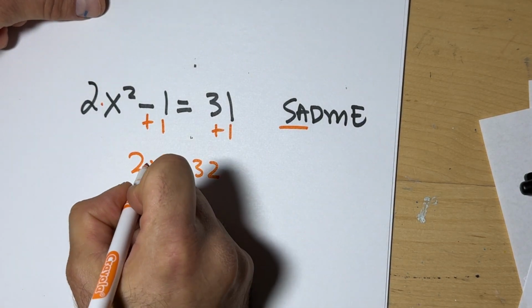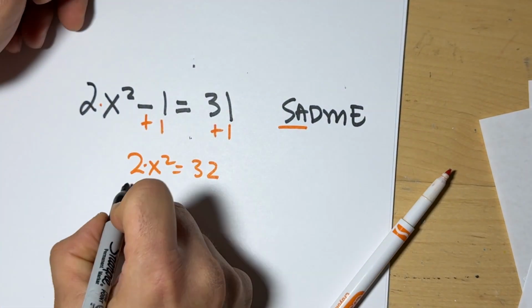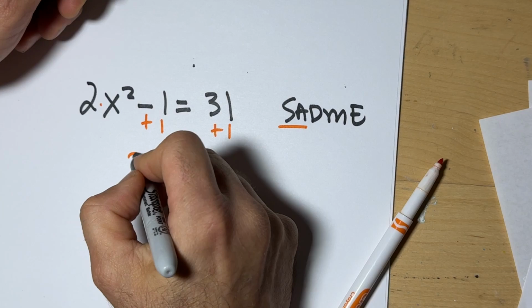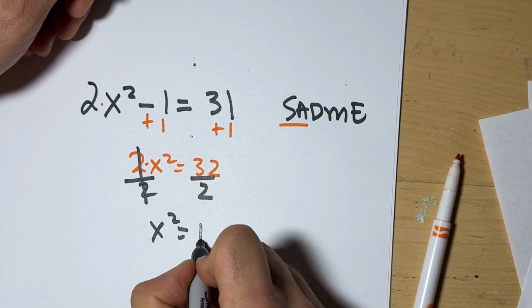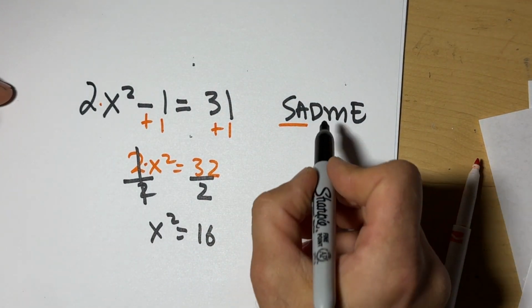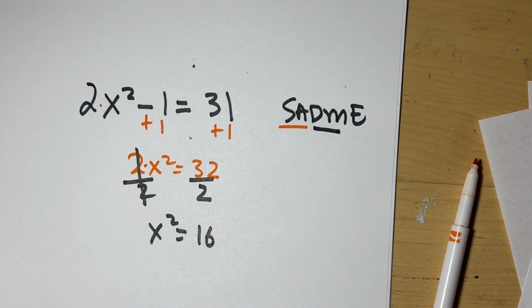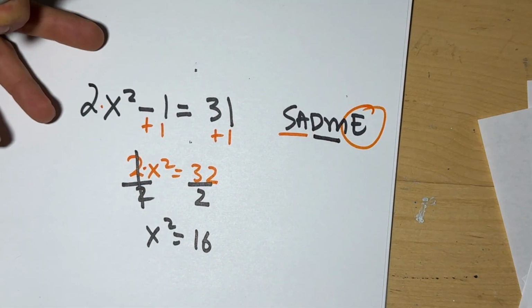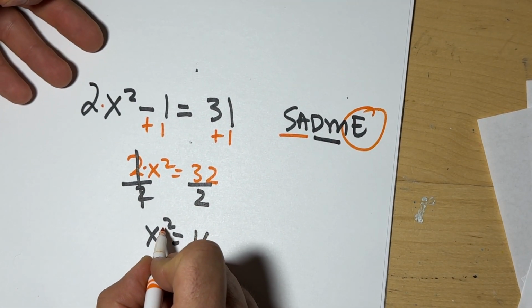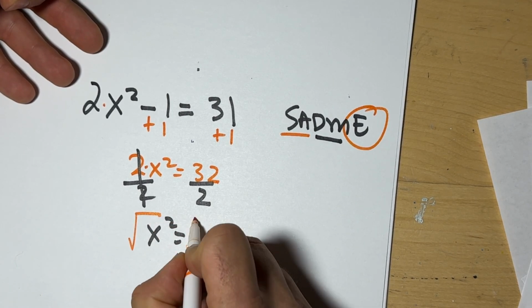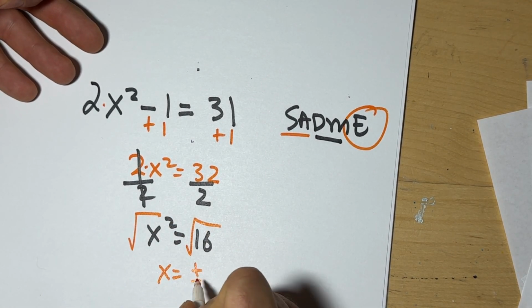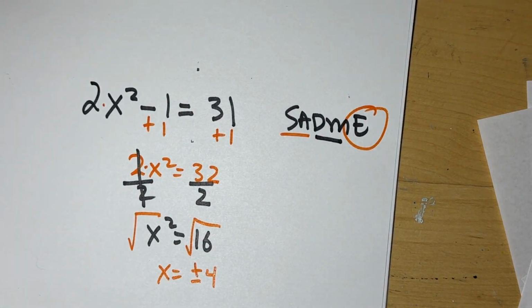Wow, what's the opposite of 2 times? To divide. x squared equals 16. I did my multiplying and dividing now. Is there anything left? There's an exponent. The opposite of squared is square root.